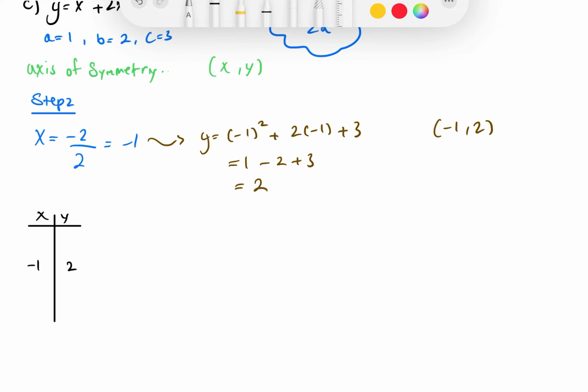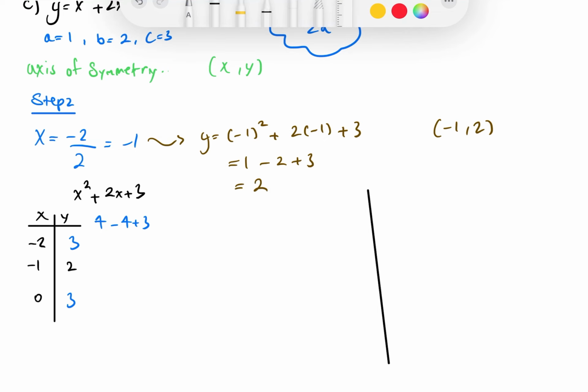Then base your table around your vertex. So one value before -1, which is -2, and one value after -1, which is 0. Let's say I put 0 inside my function, which is x squared plus 2x plus 3. If I put 0 in there, I'm obviously going to get 3. If I put -2 in there, I'm going to get 4 minus 4 plus 3, which is again 3.